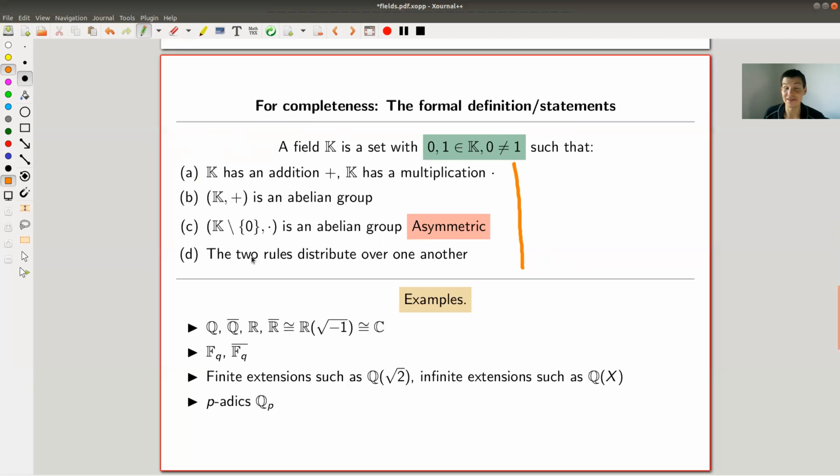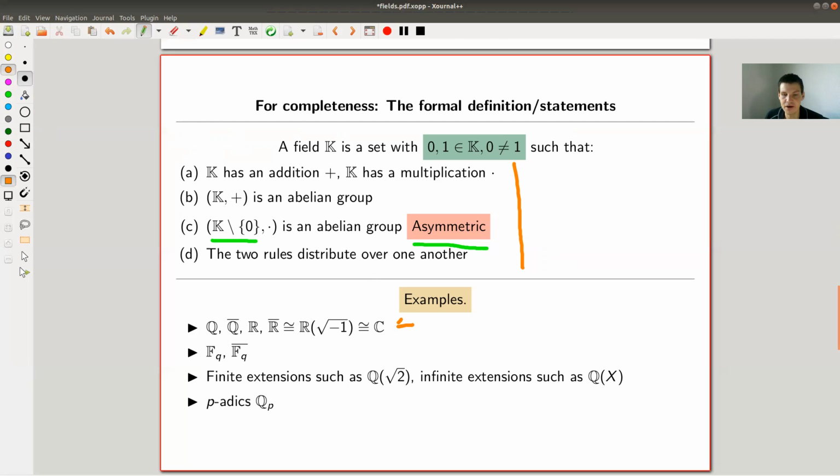Oh, almost. Everything except 0 is invertible, which is this asymmetric condition I was talking about before. And of course, you want the two operations to distribute over one another. So it's a ring with this asymmetric condition of every non-zero element being invertible.